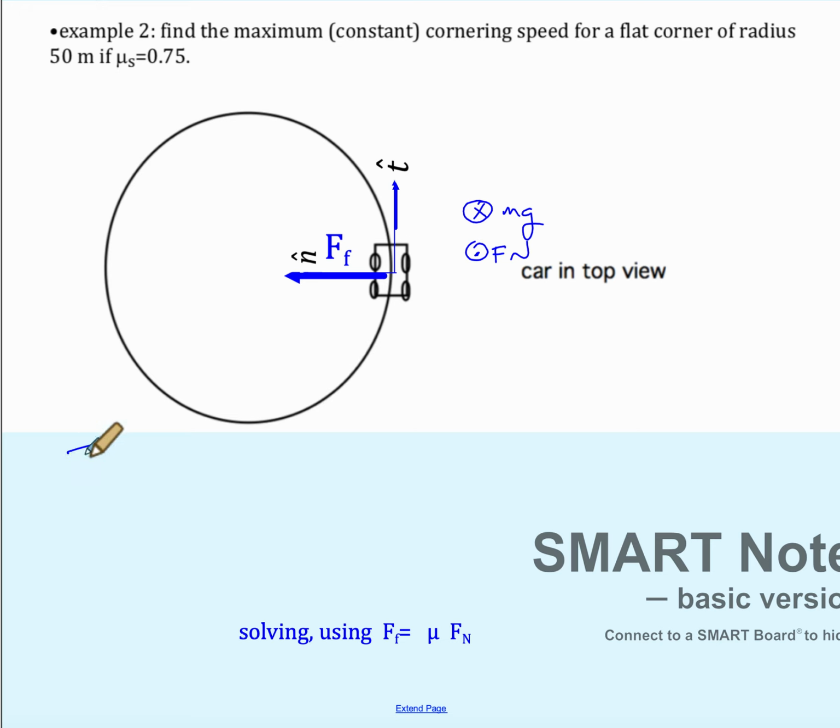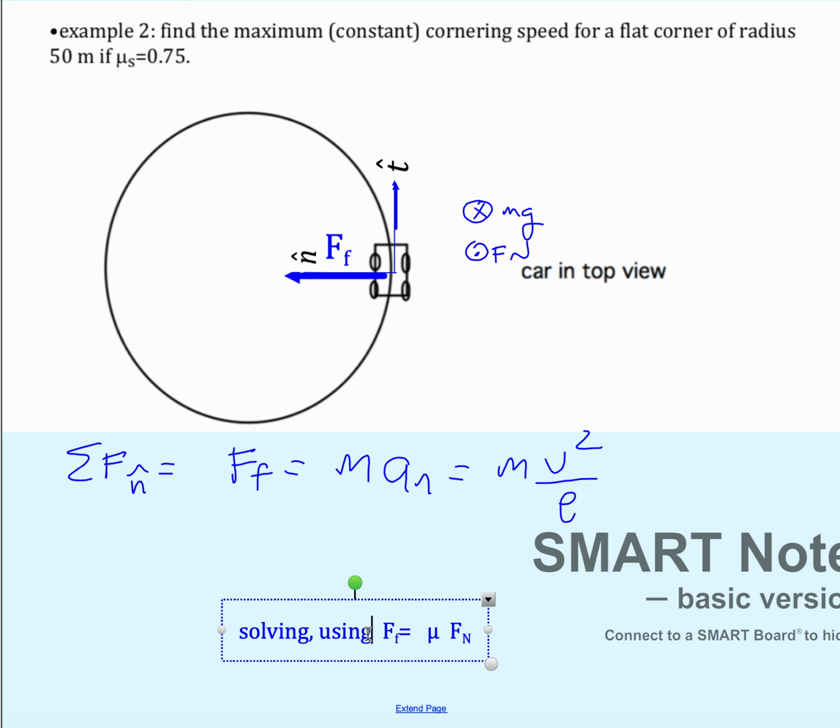We again sum forces in the normal inwards direction. There's only friction. That must equal the mass times the normal acceleration, which is v squared over rho. We're again moving in a circle, so rho is just the circle radius. Now, we will also use two facts.